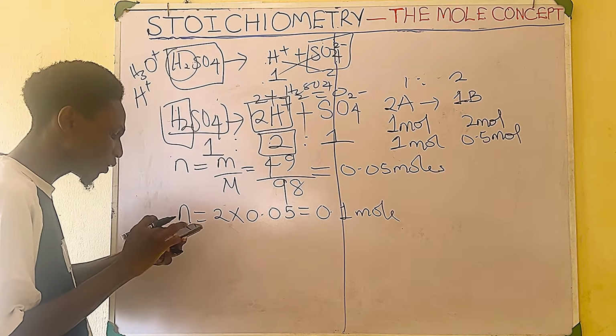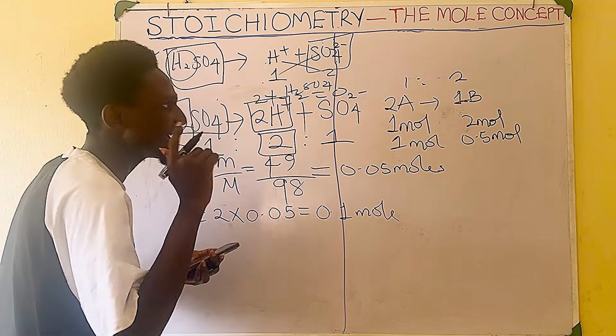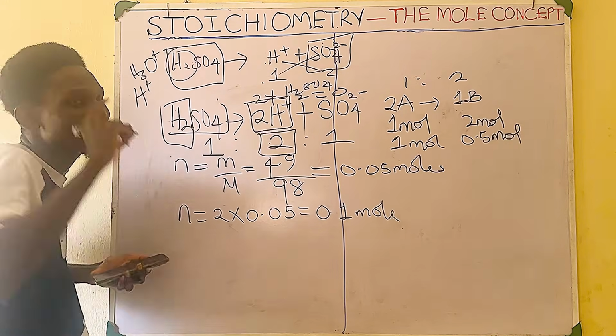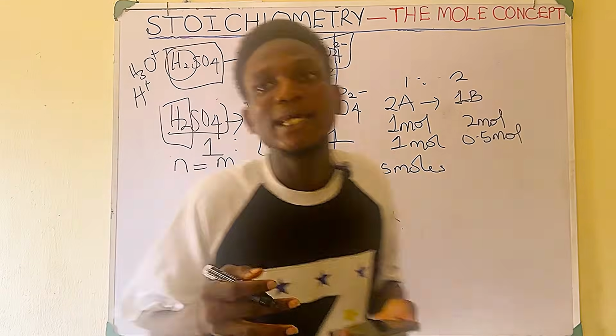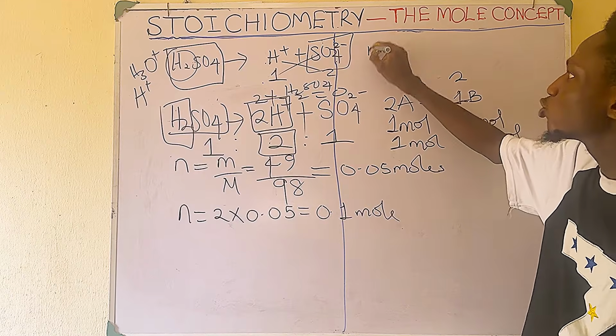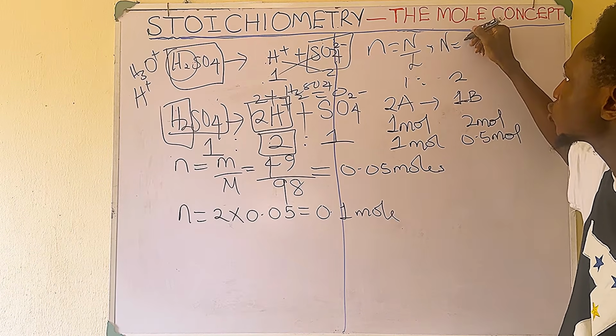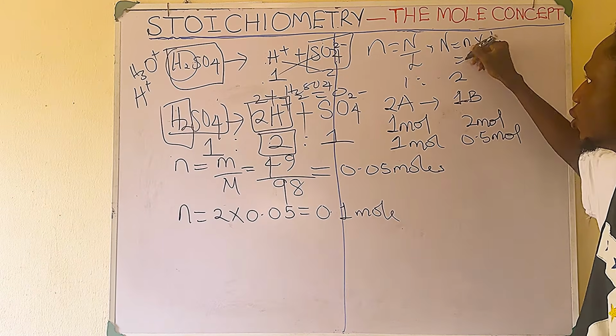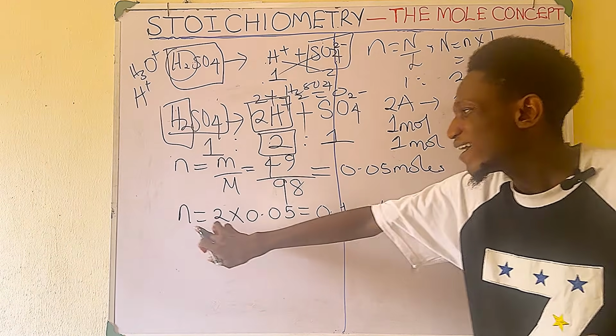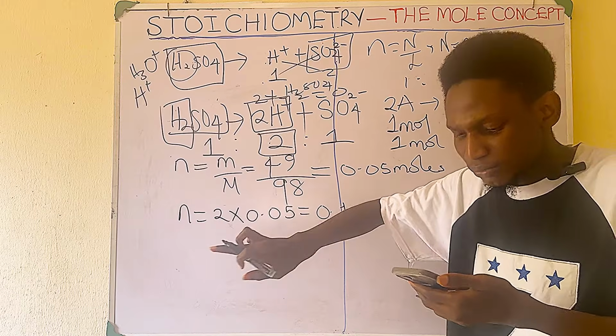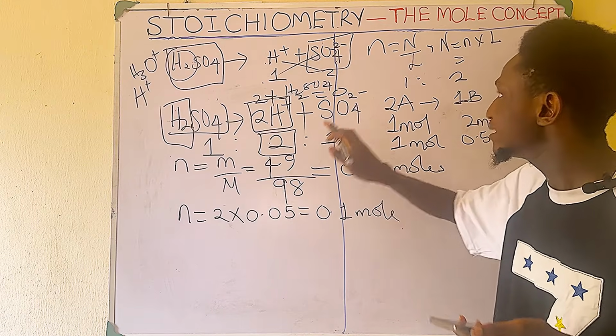Then what are we looking for again? Number of hydrogen ions. Remember that the formula for calculating number of atoms, number of particles is n equals N over L, which gives you N equals n times L, where n is the number of moles of hydrogen ions.